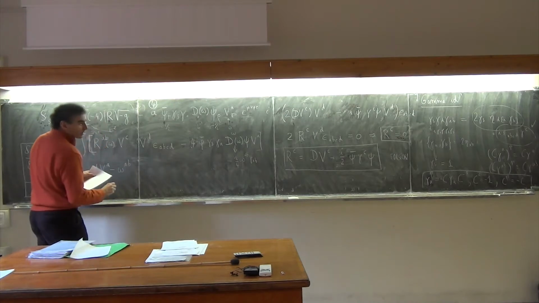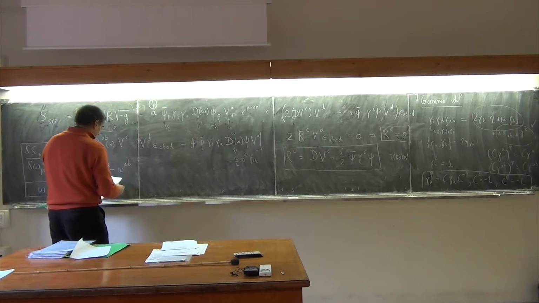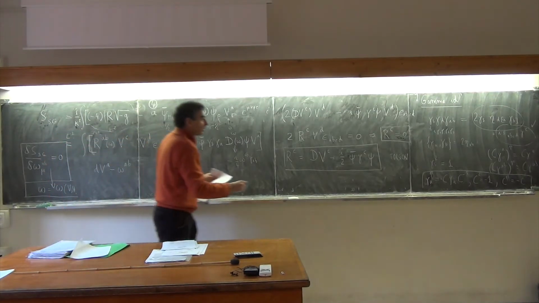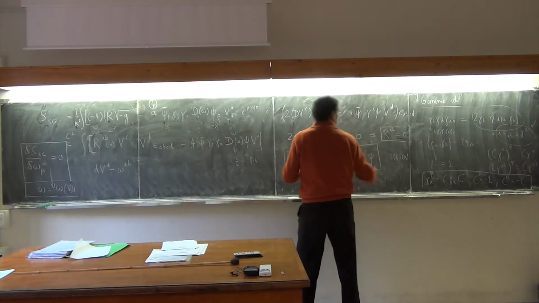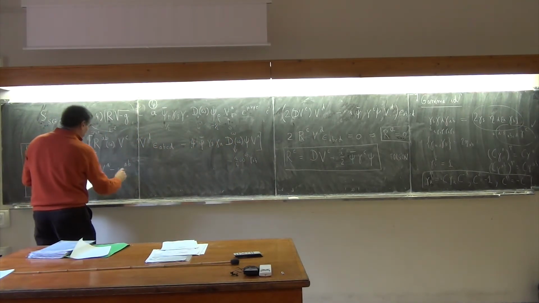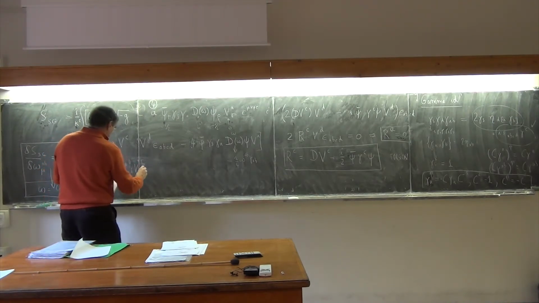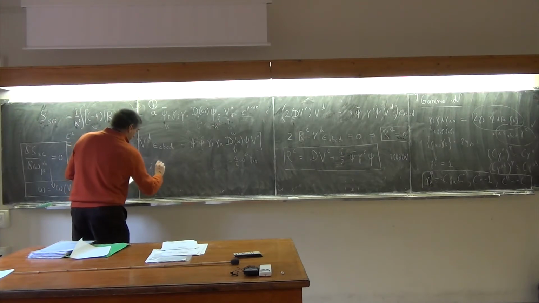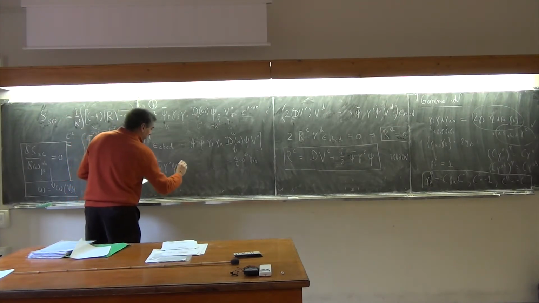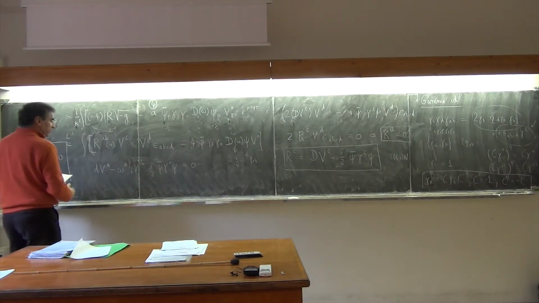So I write it, the covariant derivative of, let's put an index A here. So this R^A is the covariant derivative of V^A, and then you have minus i half psi bar gamma A psi equal to 0. This is the equation you have to solve in order to find omega.